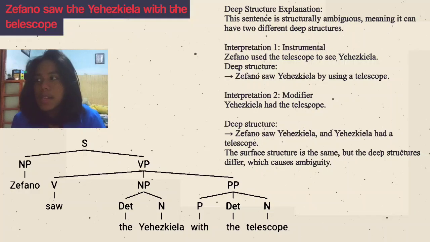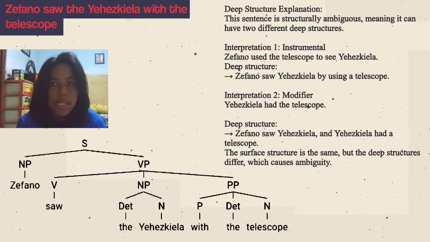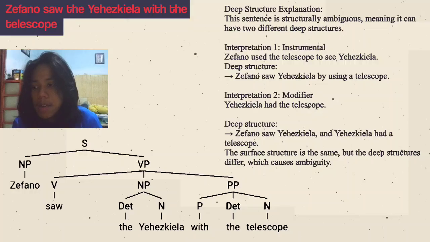Okay, the next sentence is Zevano saw Hezekiah with the telescope. And the structure of the tree is like this. We have the noun phrase, which is the proper noun itself, Zevano. And we have the verb phrase, saw Hezekiah with the telescope. Here we have the verb phrase containing a prepositional phrase. The verb saw and the noun phrase Hezekiah, consisting of determiner the and the noun Hezekiah, make up the noun phrase.